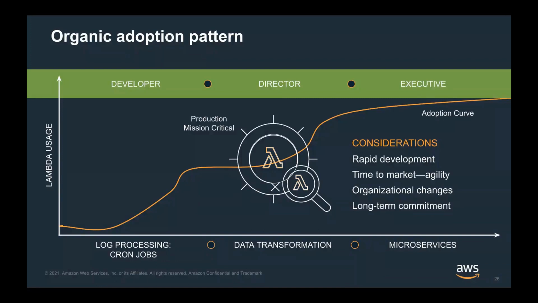Eventually, it gets to a point where you're focusing more on data transformation, and that's where Lambda becomes mission critical. It's getting used in production workloads where you're actually using it for the core function of your applications and your day-to-day business. And eventually you become true microservices, to a point where your whole application is a serverless application. You're not really managing infrastructure and things like that.